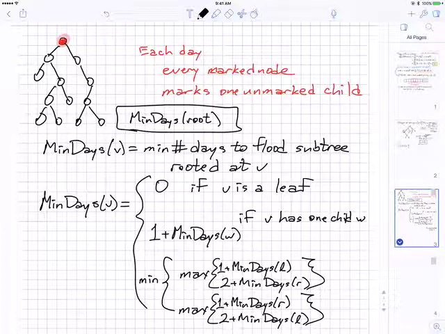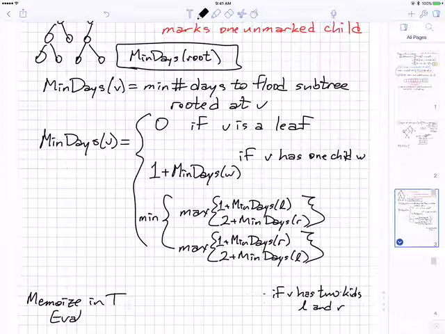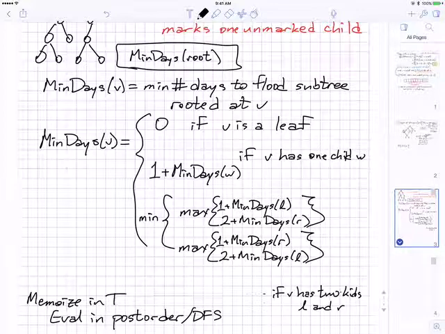And then what sort of order would I evaluate the recurrence to fill the post order? Okay, so memoize in T, eval in post order, or eval using depth first search, and then what's the running time?